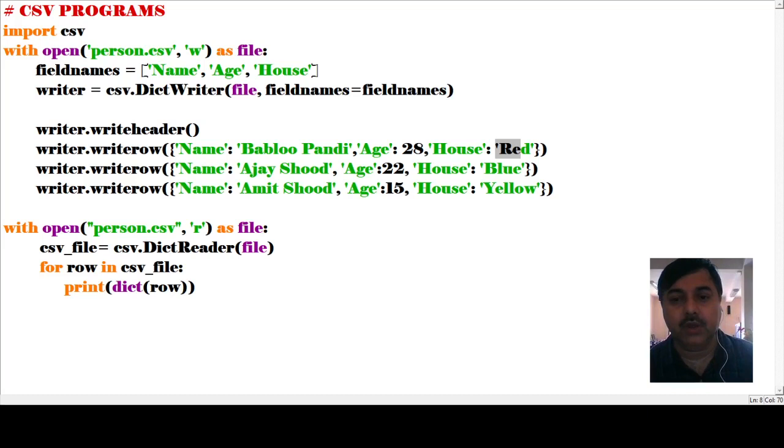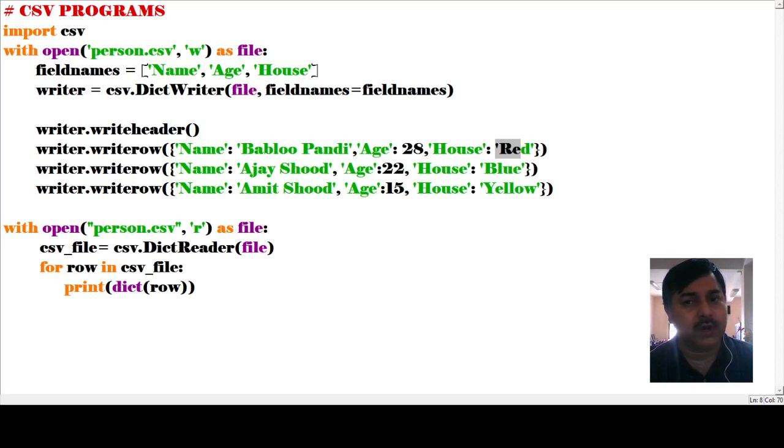So this is the way we can construct this particular CSV file. We can construct it from here also. First we open it in write mode. Okay, so the name given is person.csv as file.